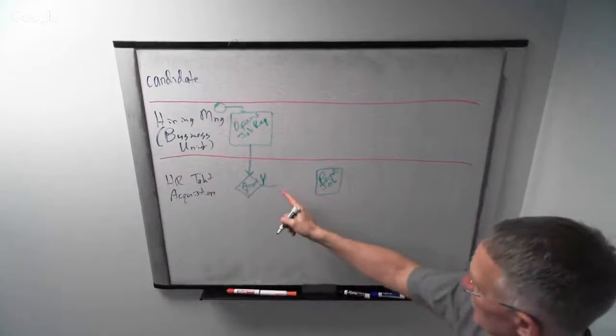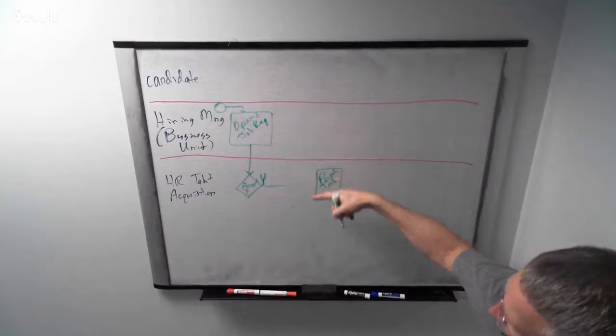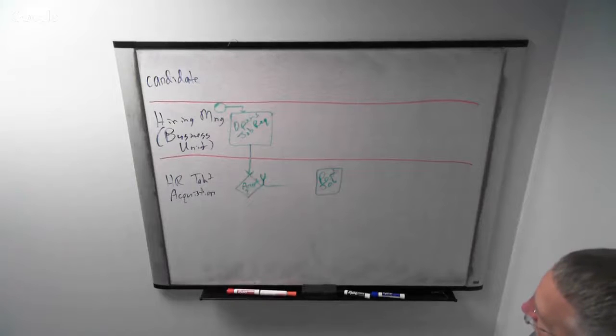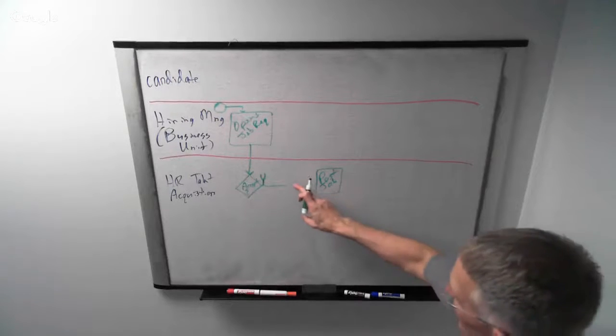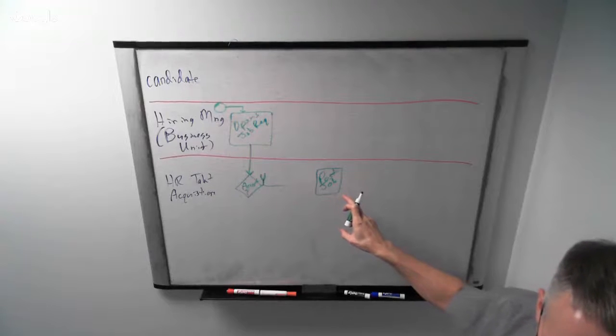So would you go straight from here to here? Any involvement with the hiring manager? I would think that you would go back to the hiring manager and also get job description. Okay. So basically say, tell us what you want, because we're not going to post it until you tell us more exactly what you want.